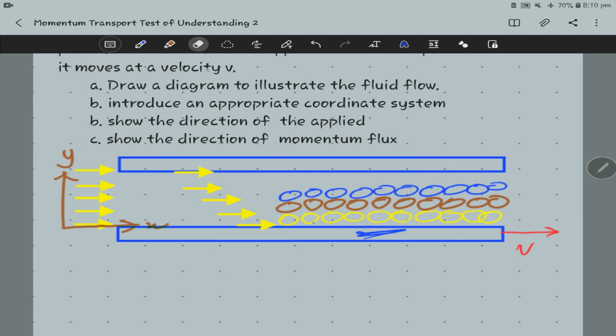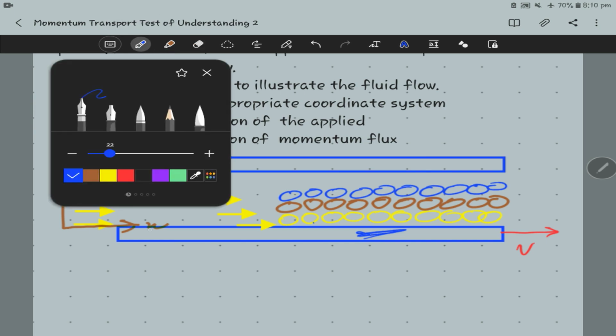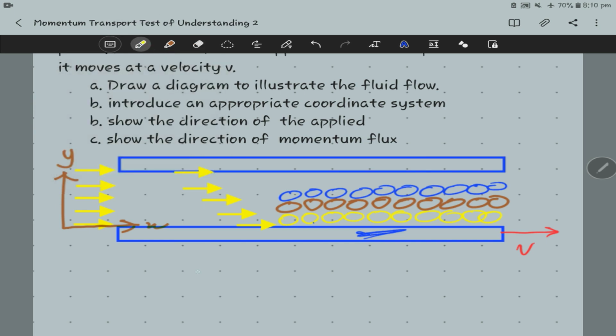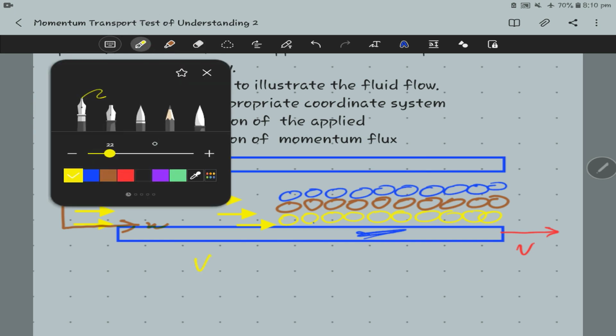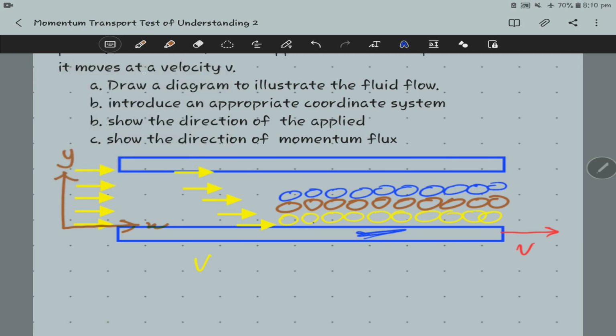There are three layers: we have the yellow, the blue, and the brown. In terms of velocity, the yellow layer of fluid will have the greatest velocity, followed by the brown, and the blue.